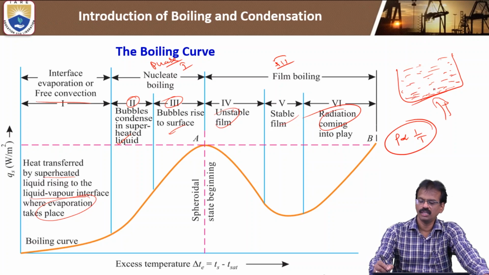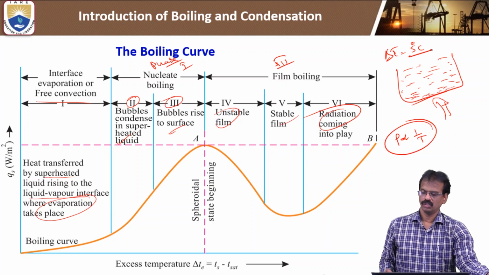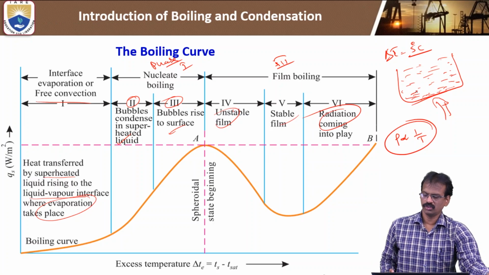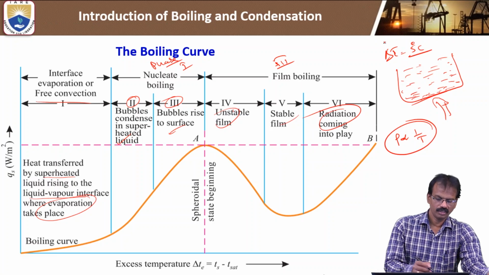So if there is an excess temperature of around 5 degrees Celsius, automatically those liquid particles are converted into vapor particles. That vapor is evaporated at the interface of the evaporating liquid.